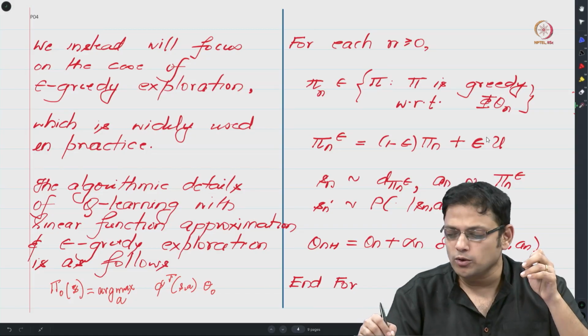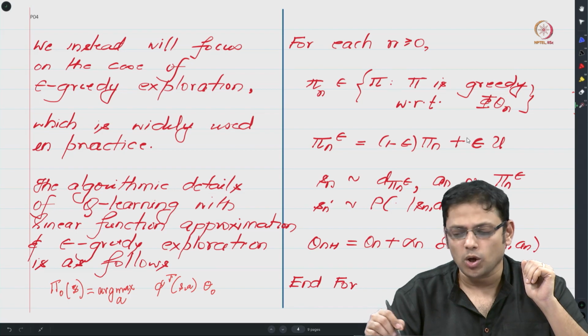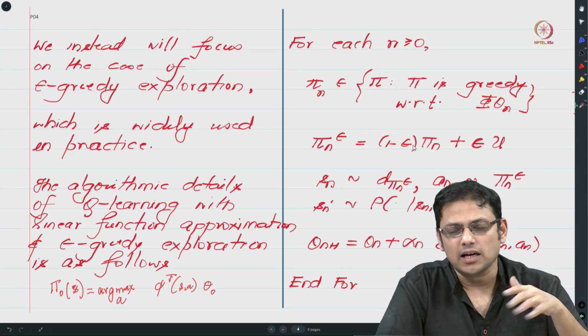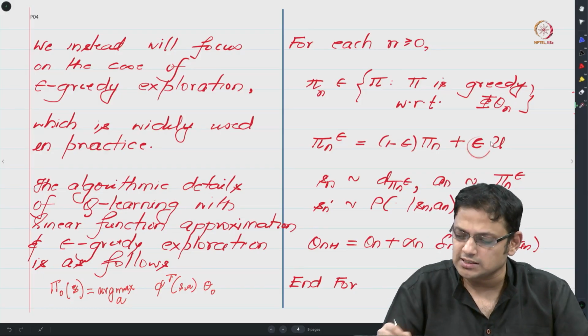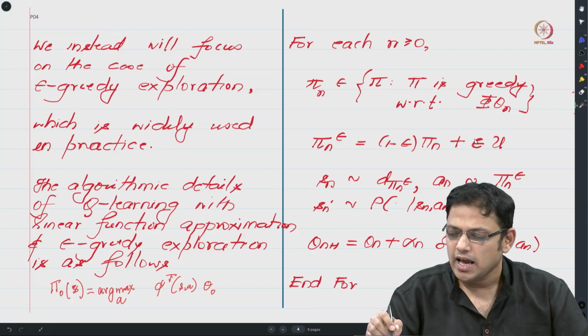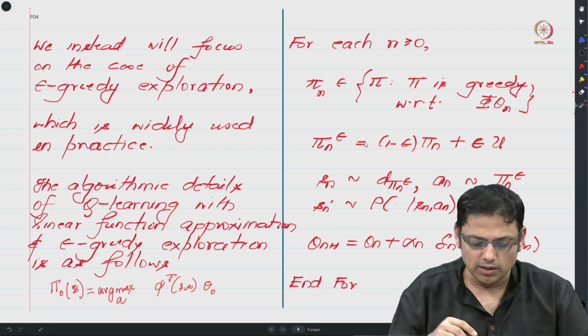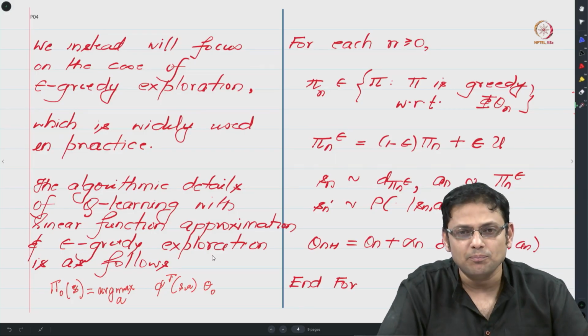The hope is that by doing this epsilon exploration with probability epsilon, which is different from the greedy policy, whenever we get stuck at some bad policy, we would be able to escape from it. That is the role of epsilon over here, and because of this choice we say that this algorithm uses epsilon greedy exploration.